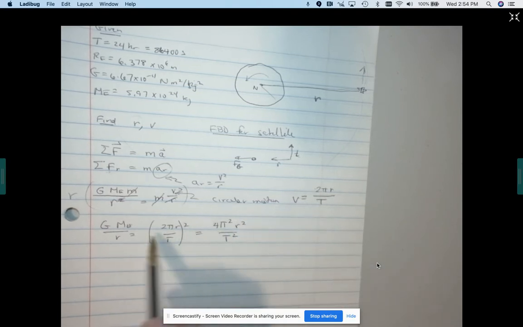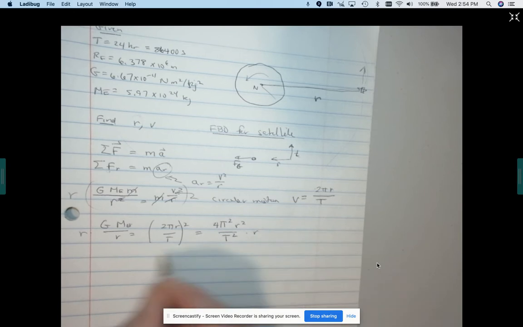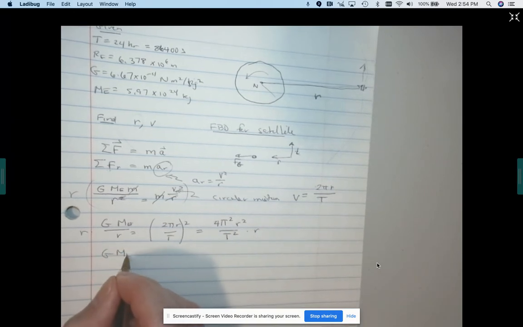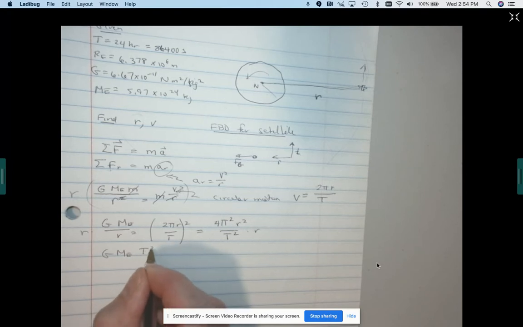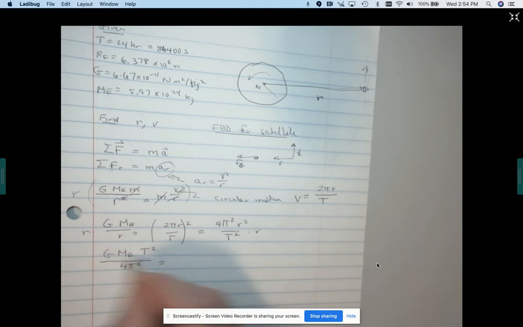So the first thing I want to do is find r. I'm going to get all the r's on the same side. I'm going to multiply both sides by r, and move this stuff over to the other side. So G M_E, I'll get a period squared on top and divide by 4 pi squared. And then I'll move my r over the other side and I get r cubed.